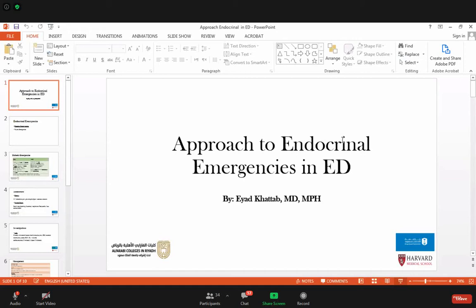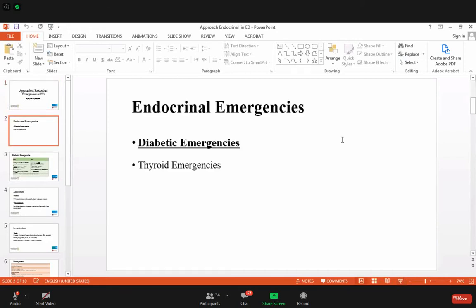So we'll talk about the endocrinology emergency in the emergency room. There are different types of emergencies related to endocrinology, but the ones we're going to focus on today are the diabetes-related emergencies and the thyroid-related emergencies. We touched on adrenal insufficiency at the beginning, so now we will focus on those two.